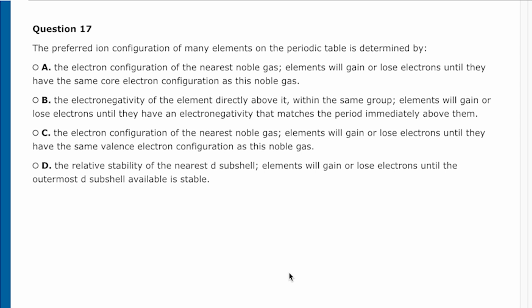Within the same group, elements will gain or lose electrons until they have electronegativity that matches the period immediately above them. C, electron configuration of the nearest noble gas. Elements will gain or lose electrons until they have the same valence electron configuration as this noble gas. D, the relative stability of the nearest D subshell. Elements will gain or lose electrons until the outermost D subshell is stable.